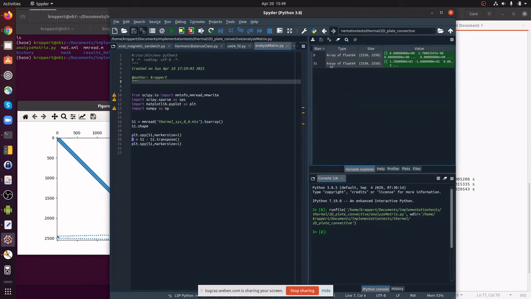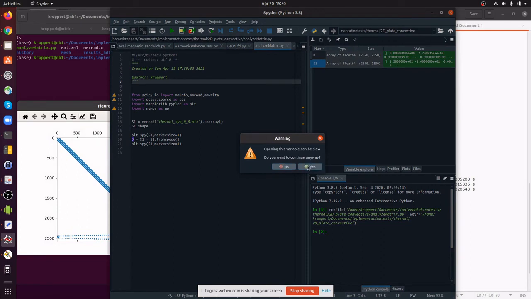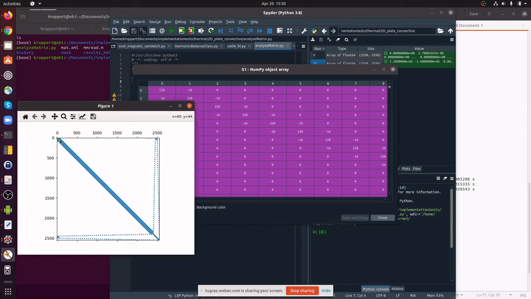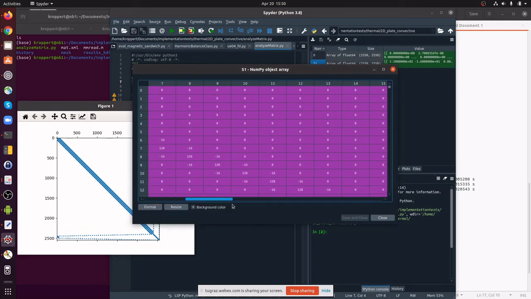What I want to show you is, let's have a look at the entries of this matrix. So here you see the first diagonal, and the off diagonals are symmetric, which is this middle line here. Then if we continue to the first off diagonal block here, so we move to the right, here it is.